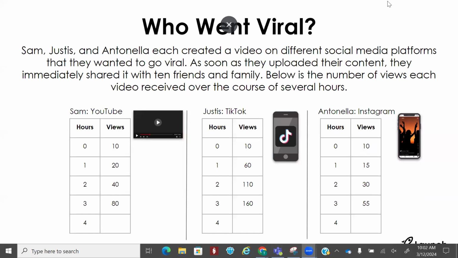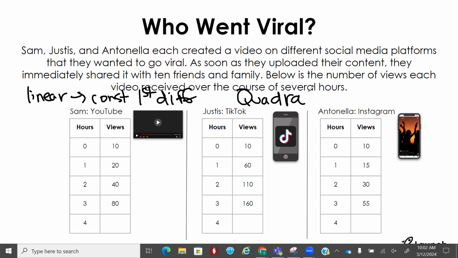Now, I do want to clarify, these are not all exponential. There's 3 different types of equations and functions that we talked about. We talked about linear, that has a constant first difference. We talked about quadratic, which has a constant second difference.